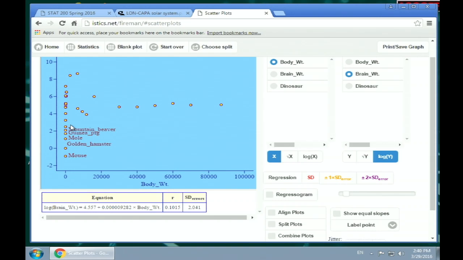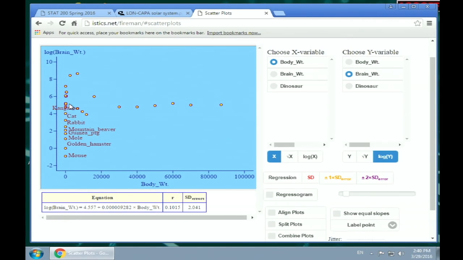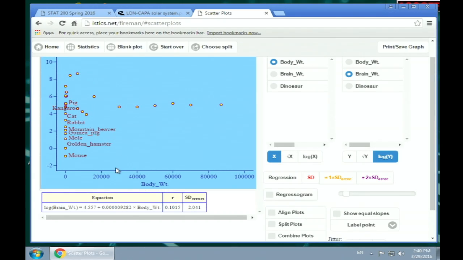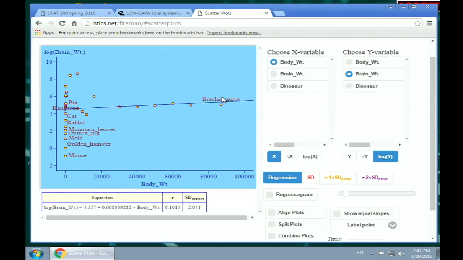Rabbit. Cat. Kangaroo. Pig. You see, we can see all those animals. At least they're showing up, but it's still not great. Our regression line is slightly positive, but it's still totally dominated by these dinosaurs. That's who those are.